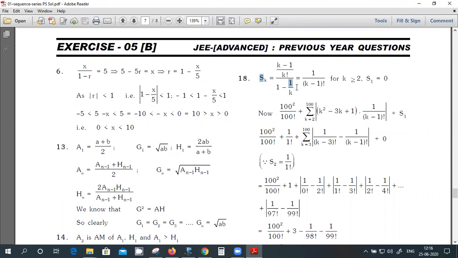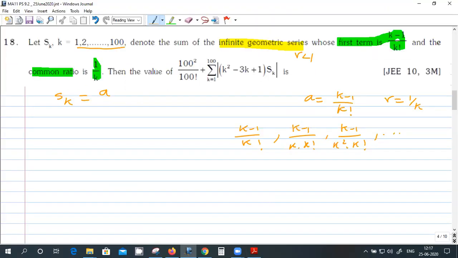This is correct. Sum of infinite terms is the first term divided by 1 minus r. So this is K minus 1, K minus 1. So it's 1 by K minus 1. K is greater than or equal to 2.